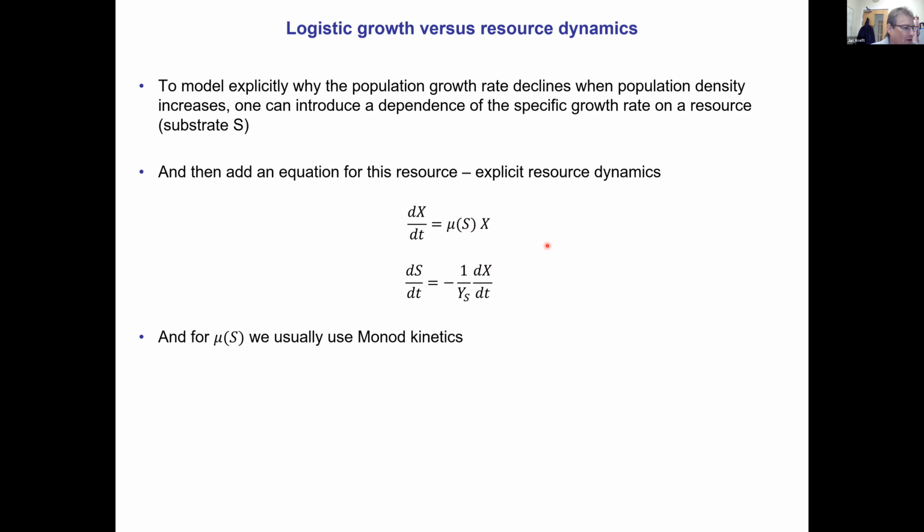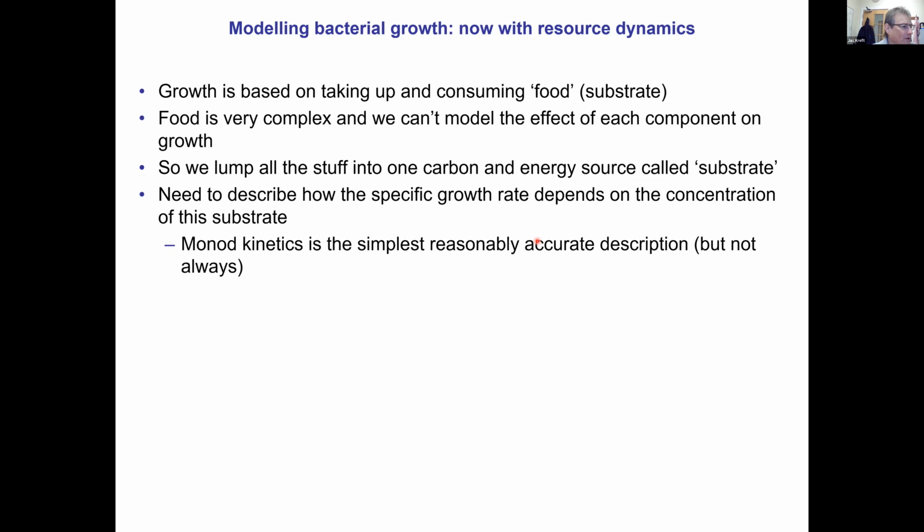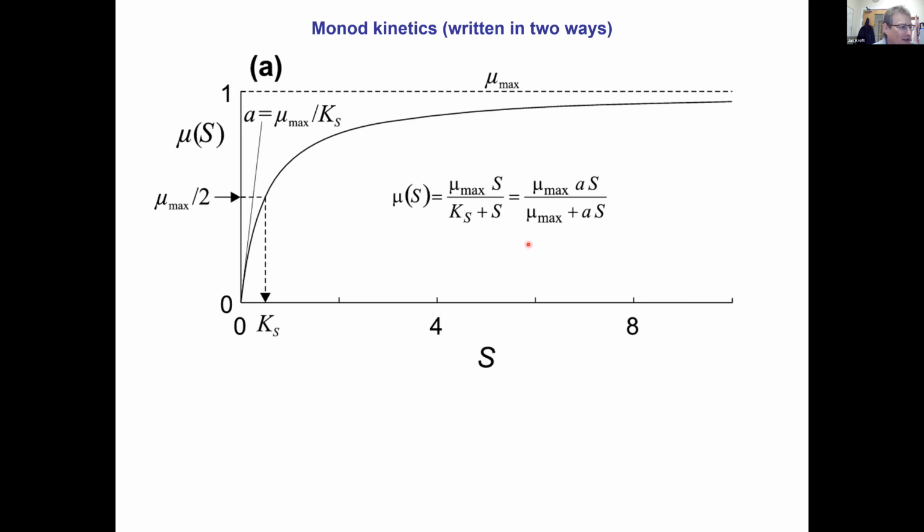So for this relationship of dependence of specific growth rate on substrate, we usually use Monod kinetics. The relationship between specific growth rate and substrate concentration is reasonably simple. The idea is that if there is more food available, the population can grow, or the cells can grow faster.